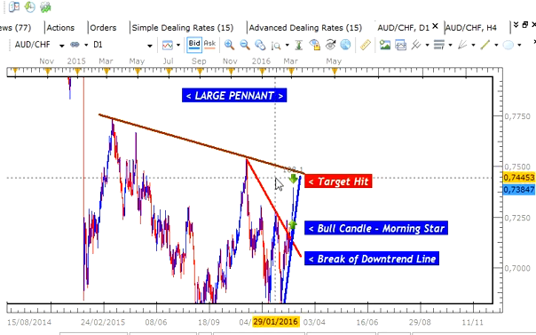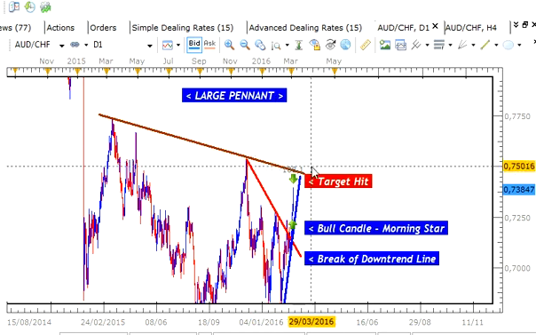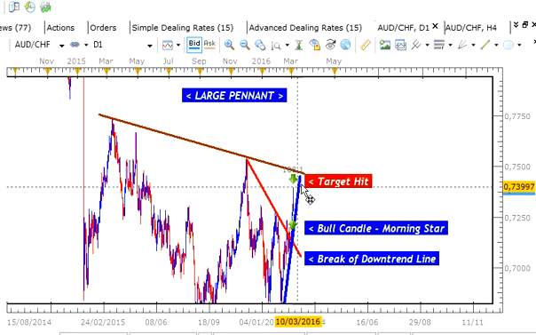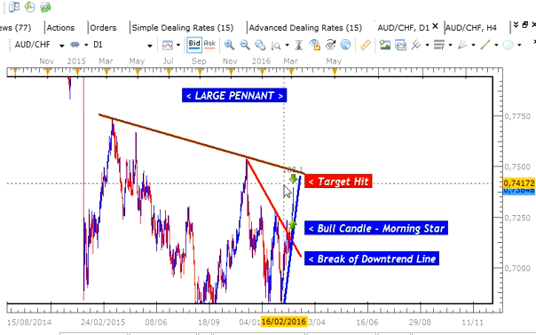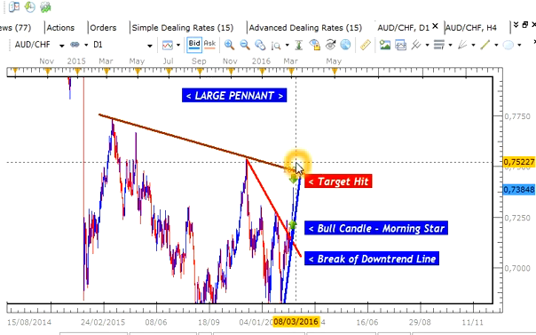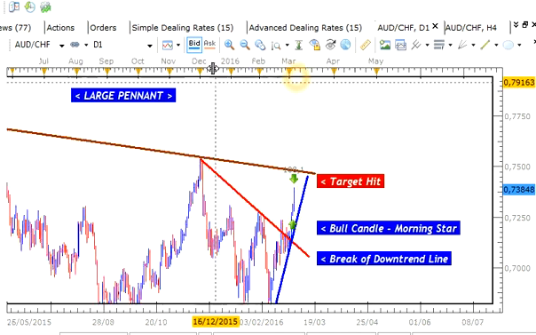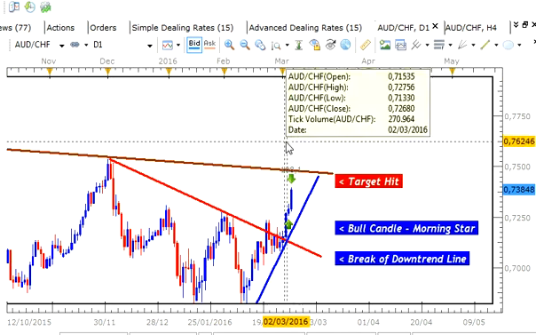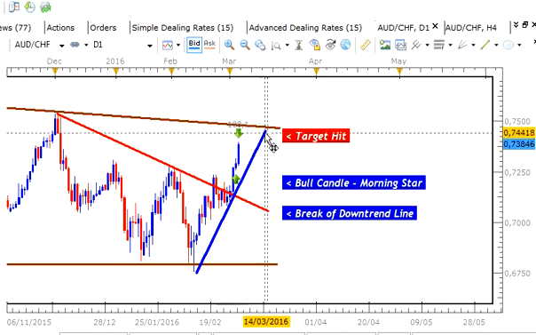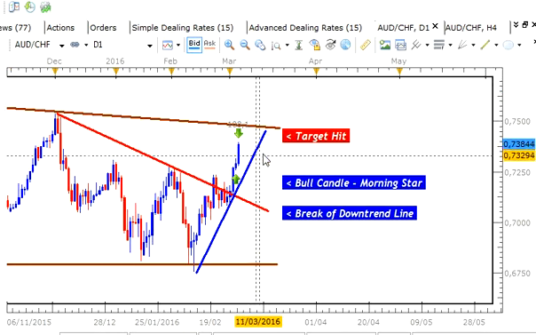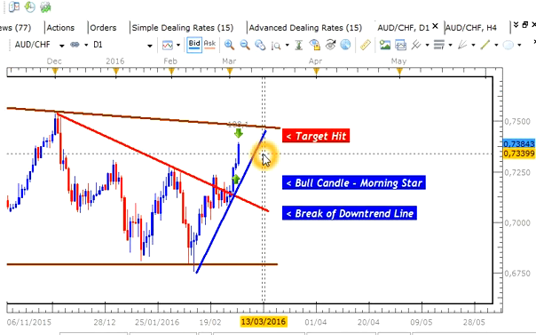So the key to determining what the ultimate direction of this currency pair is going to be is based on what takes place at this area here. So over the course of the next couple of days and perhaps couple of weeks, we'd like to see the market provide a setup that leads to a breakout, either bearish or bullish.